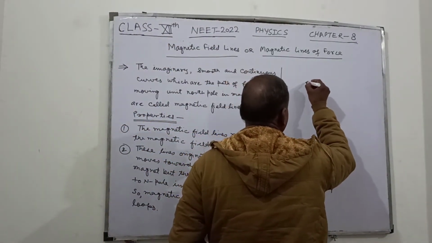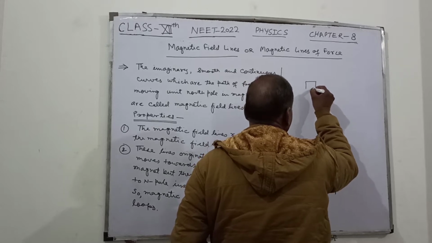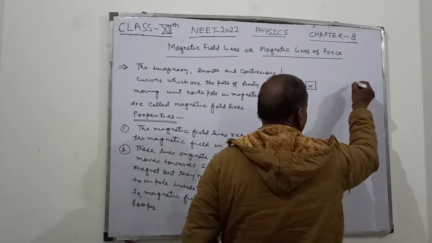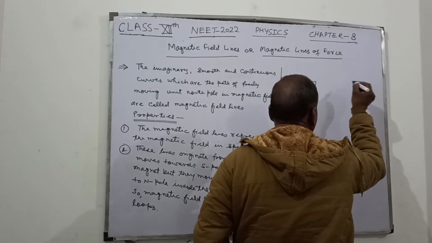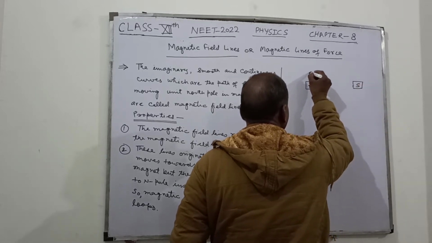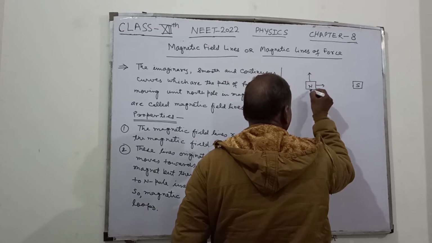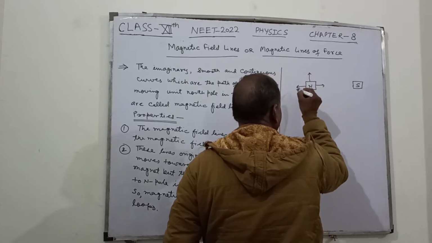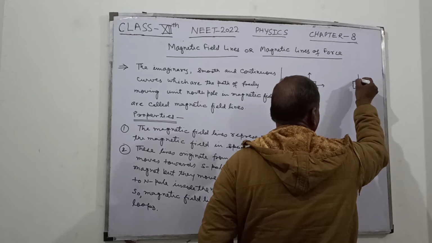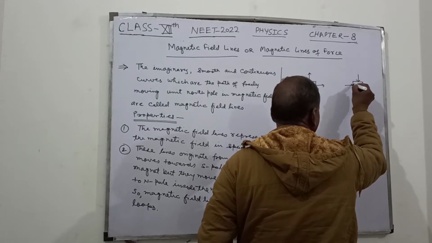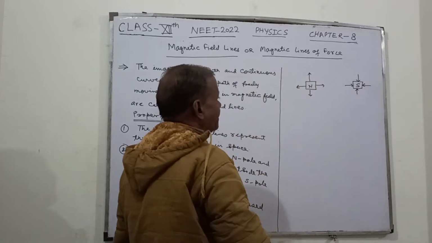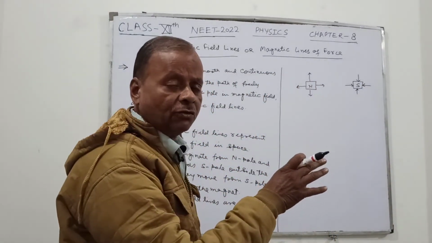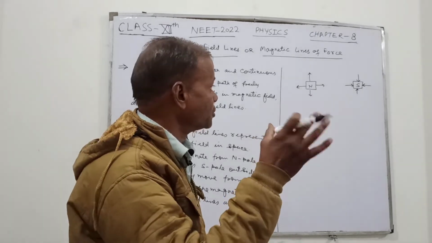Suppose this is the North Pole, and this we suppose is the South Pole. Then here the field lines will be like this, and here the field lines will be like this. So this is when we have taken only the North Pole and only the South Pole.